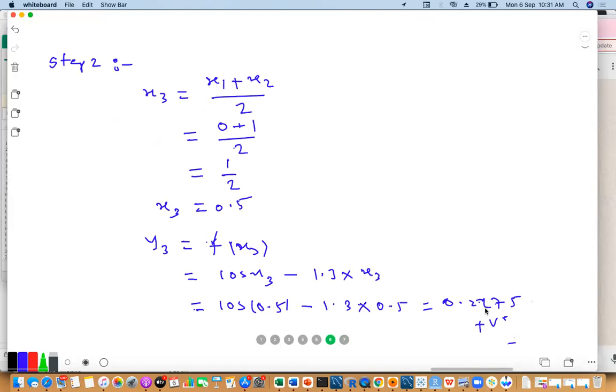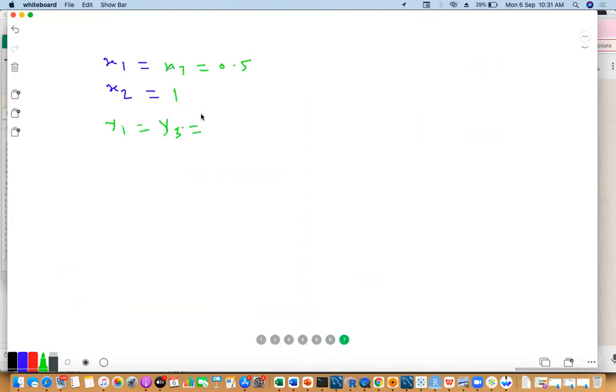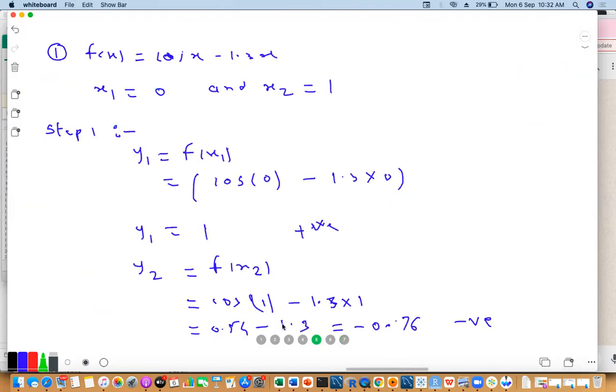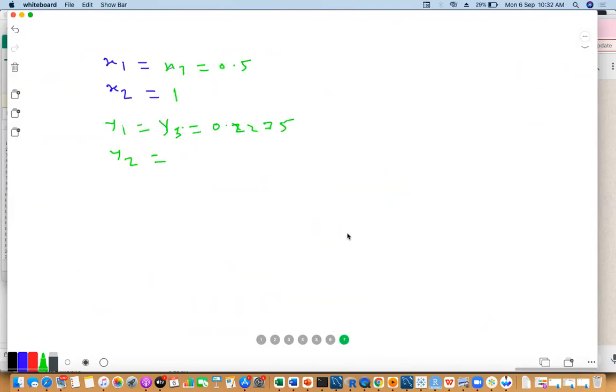That is 0.2275, and we have y2, that is minus 0.76.